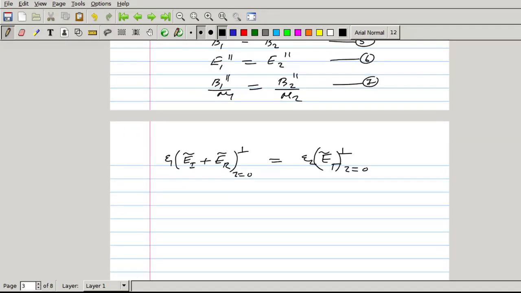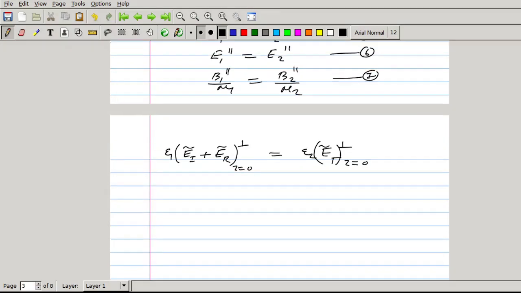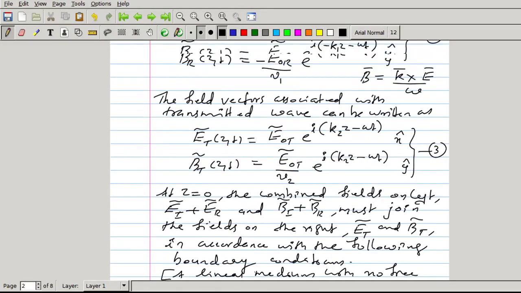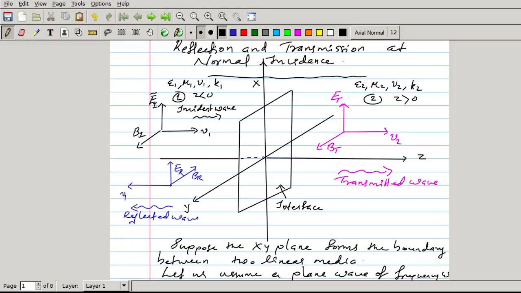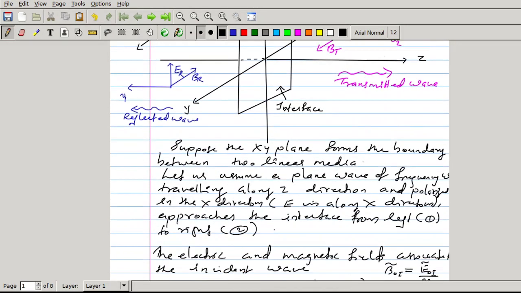So substitute these values here. The field vectors, in this case the electric field vectors E_I, E_R and E_T, are all parallel to the interface.